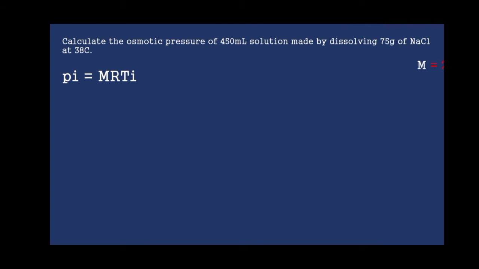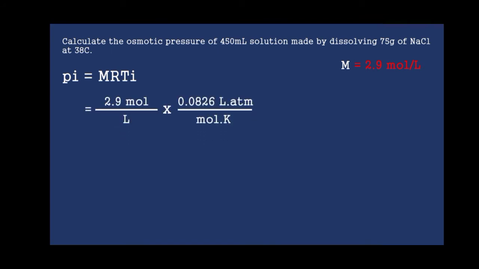Since we have the molarity, let's find the osmotic pressure of the solution. It is equal to 2.9 moles per liter times 0.0826 liter times atm per mole times Kelvin. The temperature is in Celsius, so we're going to convert it to Kelvin, in which 38 plus 273 is equal to 311 Kelvin.